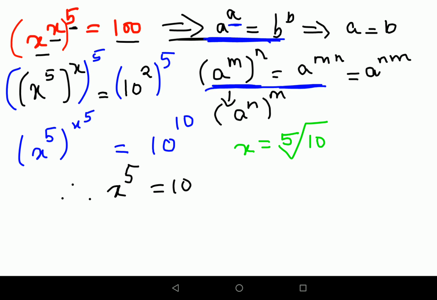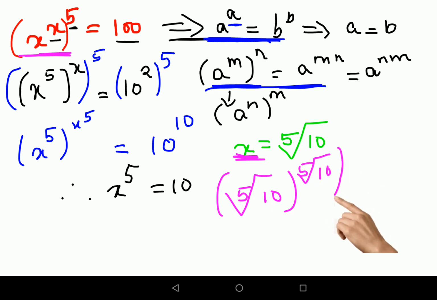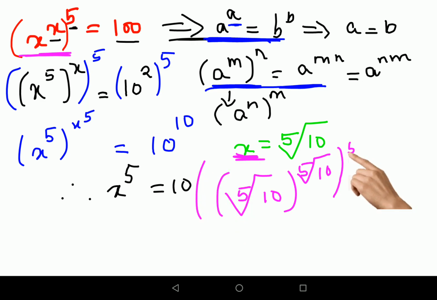Now let's put this value of x in the LHS of the question and see whether we get the RHS or not. So we have the fifth root of 10 raised to the fifth root of 10, the whole raised to 5.